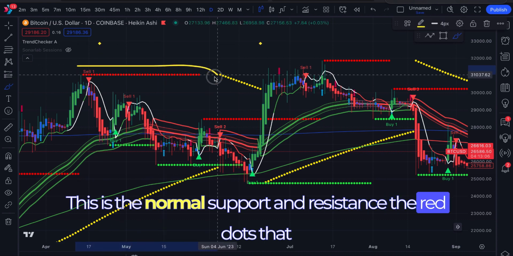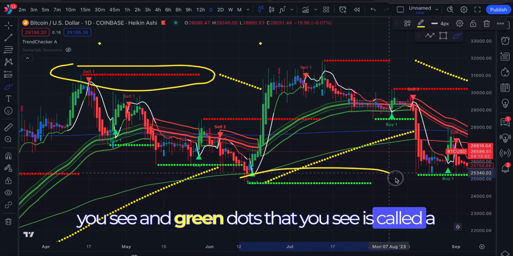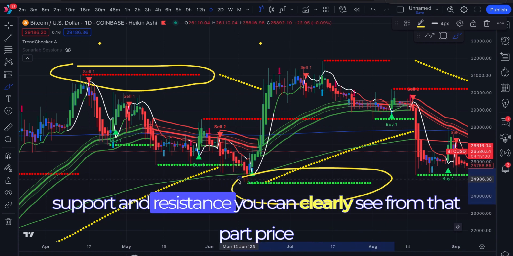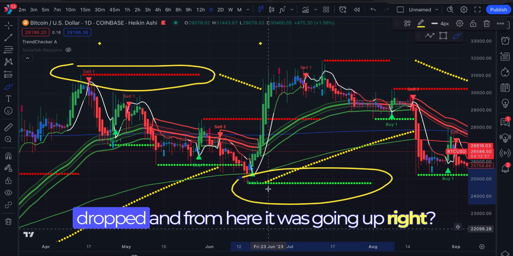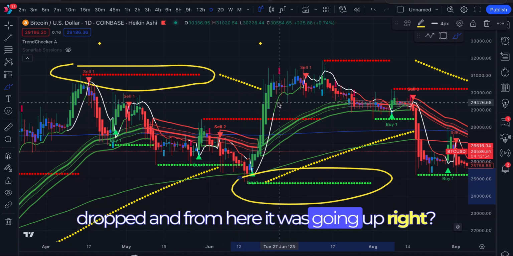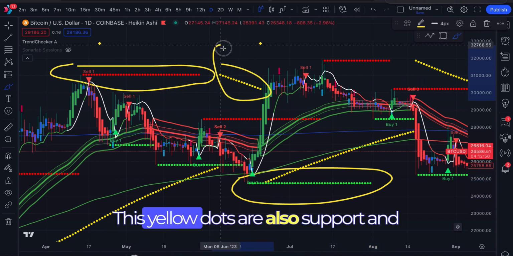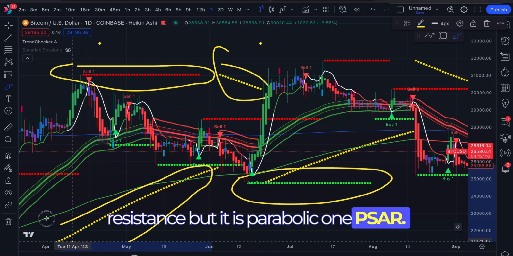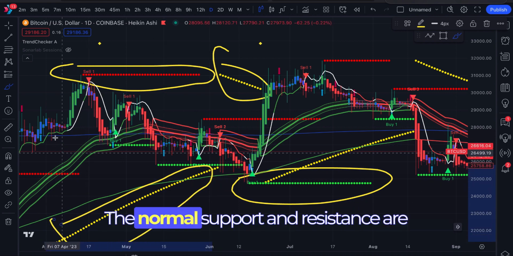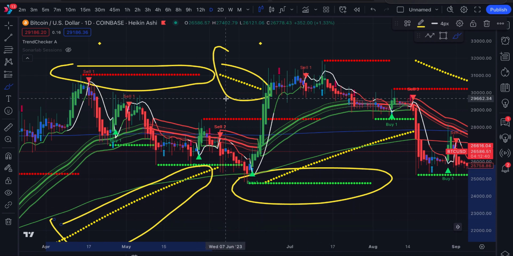The red dots and green dots that you see are called support and resistance. You can clearly see from that part price dropped, and from here it was going up, right? These yellow dots are also support and resistance, but it is the parabolic one, PVSRA. The normal support and resistance are the red dots and green dots.